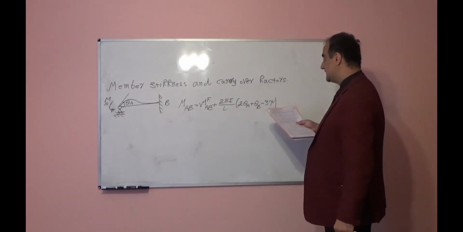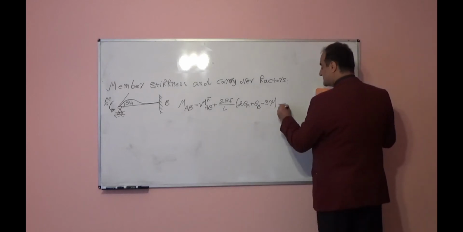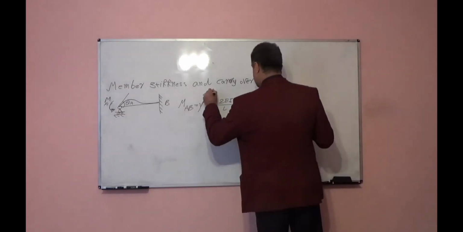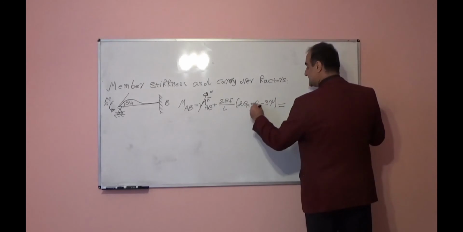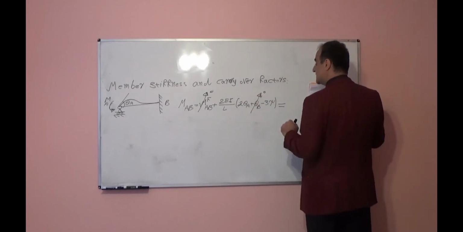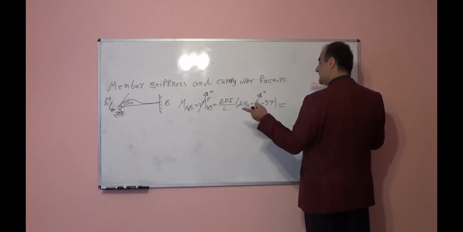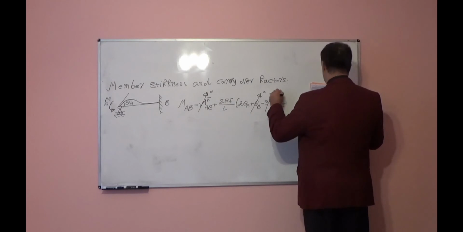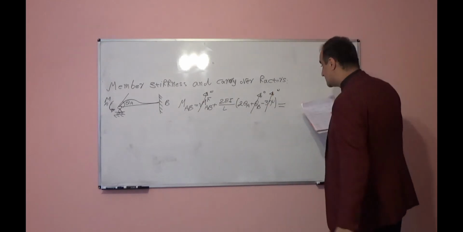So here, let's see, because we don't have external load, this term is equal to 0. Because it is a fixed support, this term is equal to 0. And we don't have any lateral deflection or settlement, this term again is equal to 0.